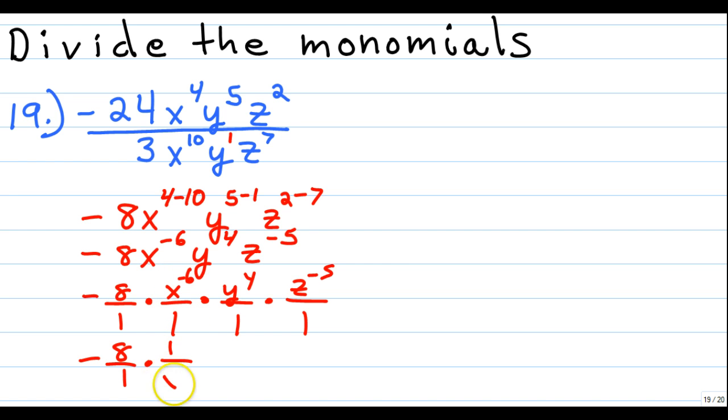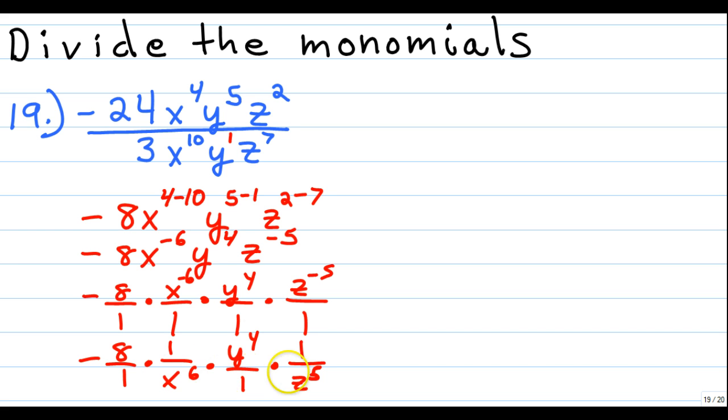So now I have 1 over x to the 6th, and I'll leave the y to the 4th just as it is, copy it down, times, I'll take the reciprocal now of the z to the negative 5th. So I end up with 1 over z to the 5th. It's a positive 5. Oops. Little error back here. I put a negative back on my x when it's just supposed to be an x to the 6th power.